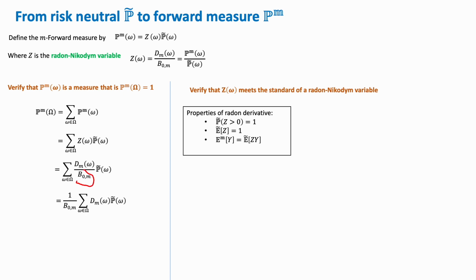And the value of the zero coupon bond that matures at time M, we know this price today, right? So there's nothing random about this, so we can take it out. This is a constant among all the summation, so we can just take it out. That's perfectly fine. And if you look at what we are left with inside, we have a discount factor, a random variable that depends on this outcome omega, and we have its probability of happening. Well, this is nothing but an expectation, right? This is just the expected value of this guy under this measure.